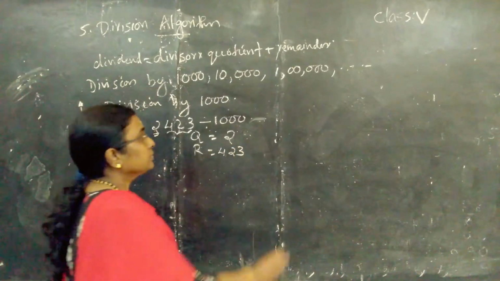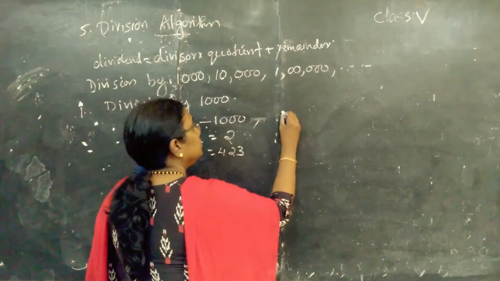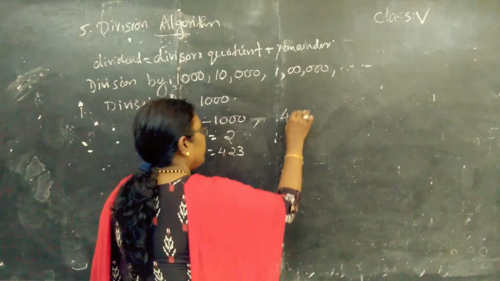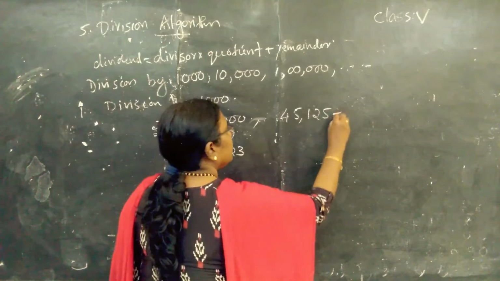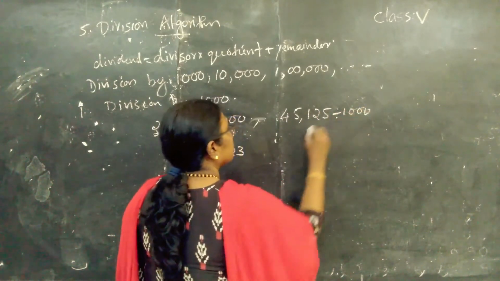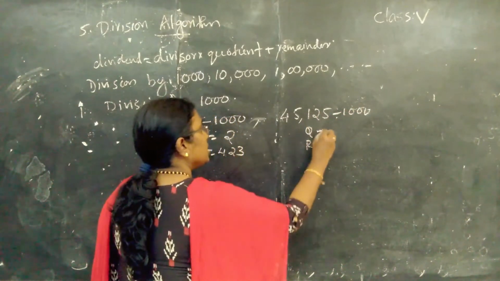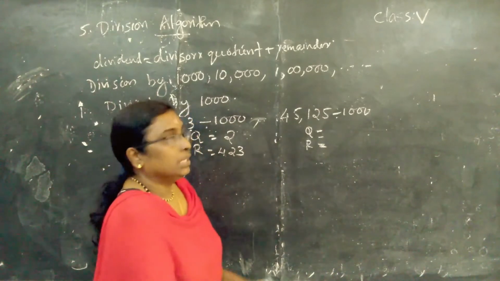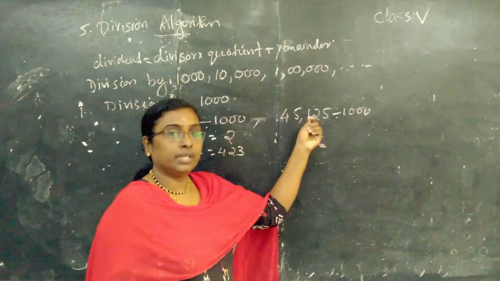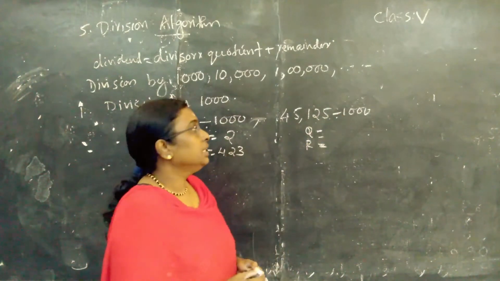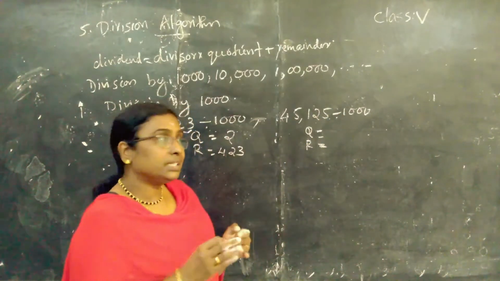Okay. Then another example. 45,125 divided by 1000. Here, what is the quotient and remainder? In order to divide a number by 1000, remove the last 3 digits.